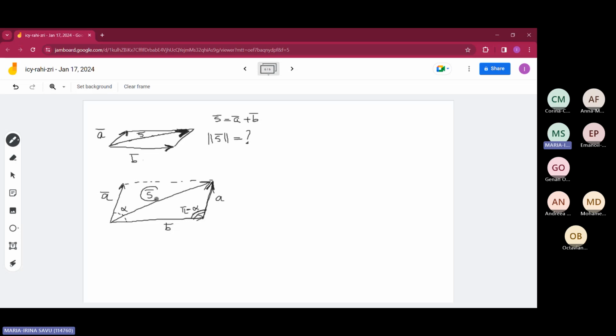And if I want to find the length of S from here, I have to apply the cosine theorem, which tells me that this length squared is the length of A squared plus the length of B squared minus 2 times the length of A times the length of B times the cosine of this angle, which is pi minus alpha, where alpha is the angle between A and B. And if you like, you can write the cosine of pi minus alpha.